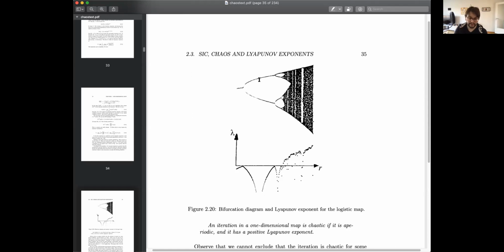So what happens in this case is that you don't have an attractor in the sense of a single fixed point, but you have a stable solution that is simply stable because it's oscillating among two solutions.